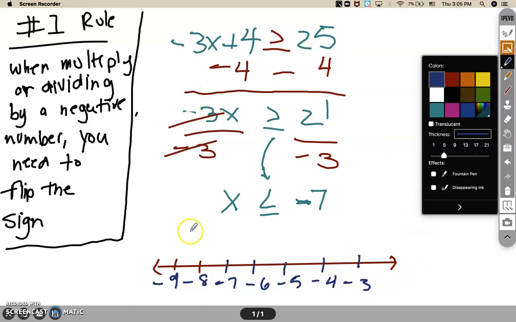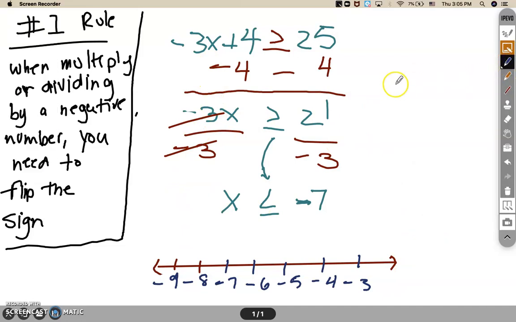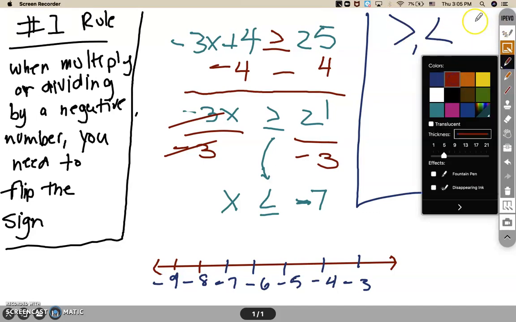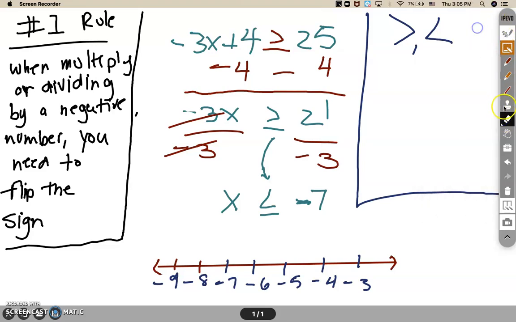There are two things you need to know. If you're graphing one that has a sign of greater than or less than, you're going to use something called an open circle, which means you're not coloring it in.